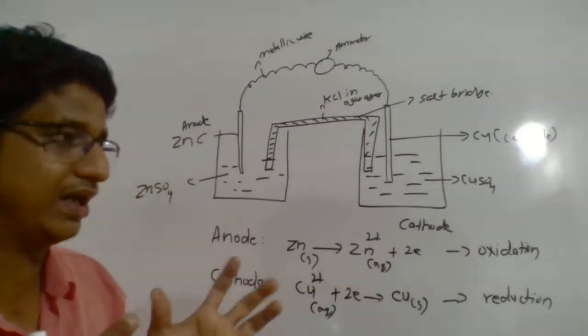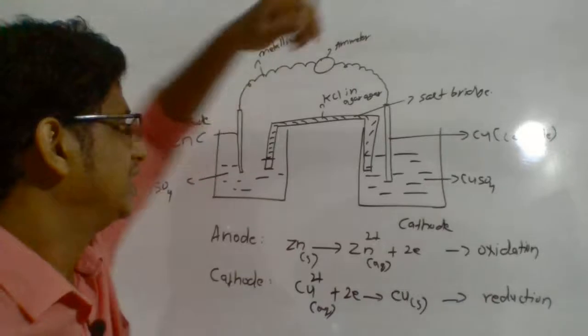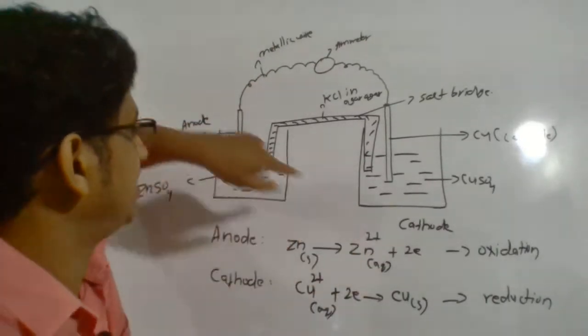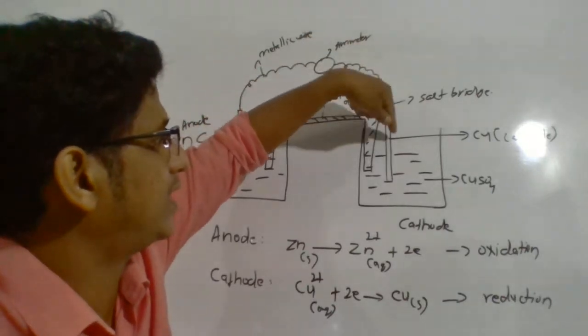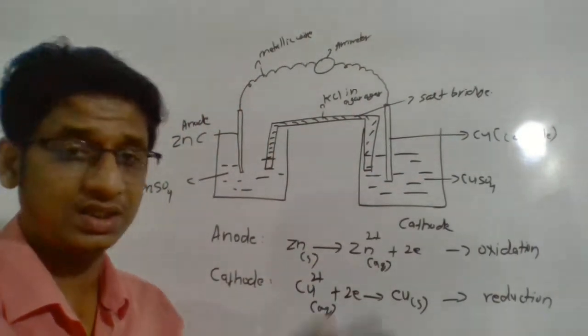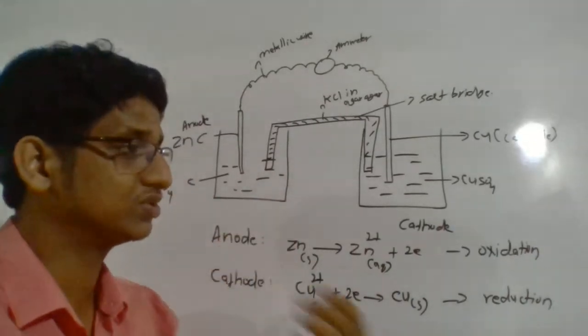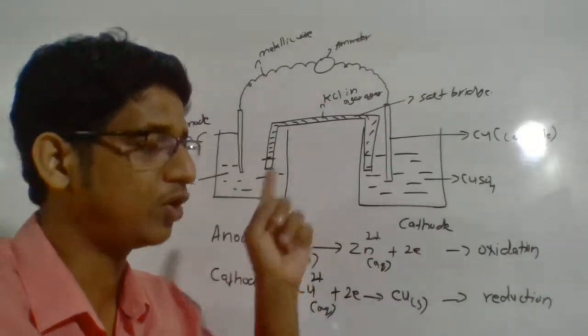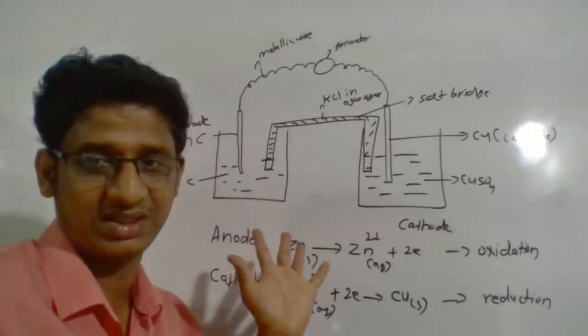That different tendency is actually a driving force to produce electrical energy, because from the zinc electrons are released, and whatever electrons are released go through the metallic wire and are gained by the other electrode, the cathode. So the cathode gains electrons, zinc loses electrons. So you can see a flow of electrons takes place. Once there is a flow of electrons, that is electricity for you.